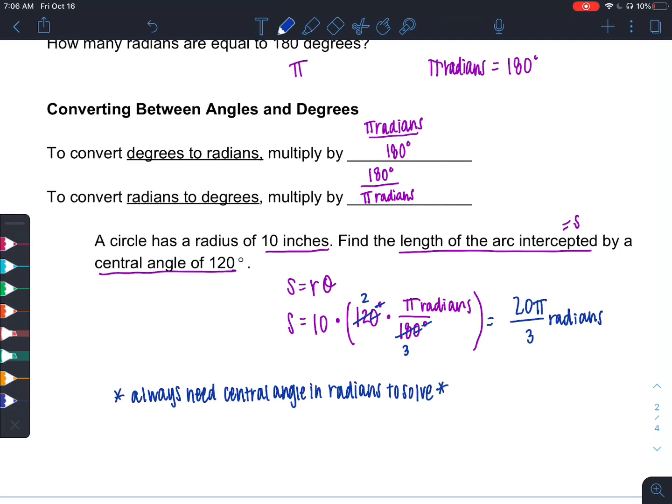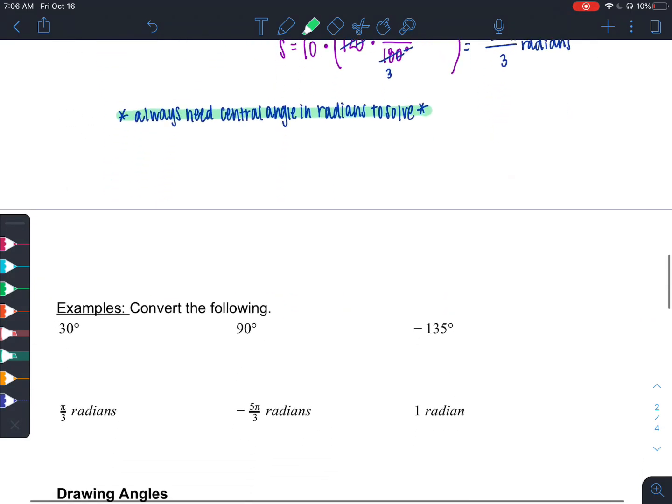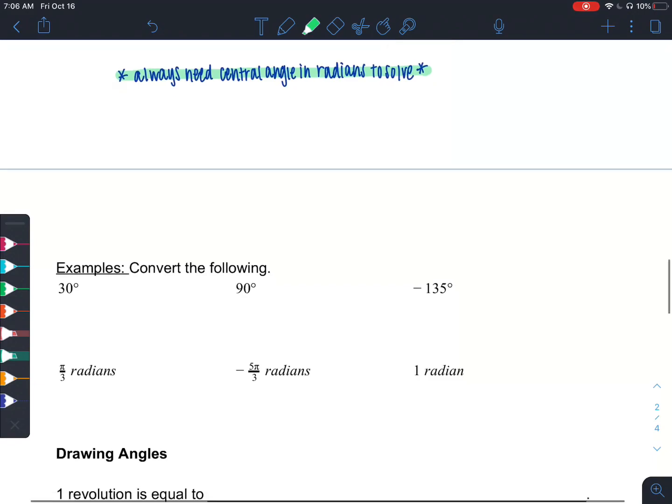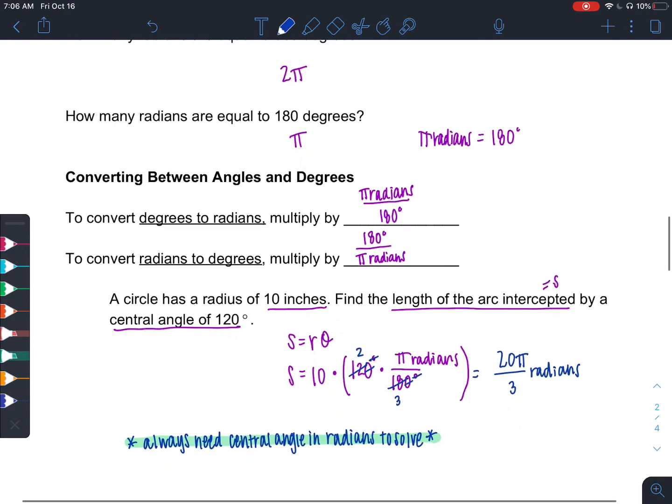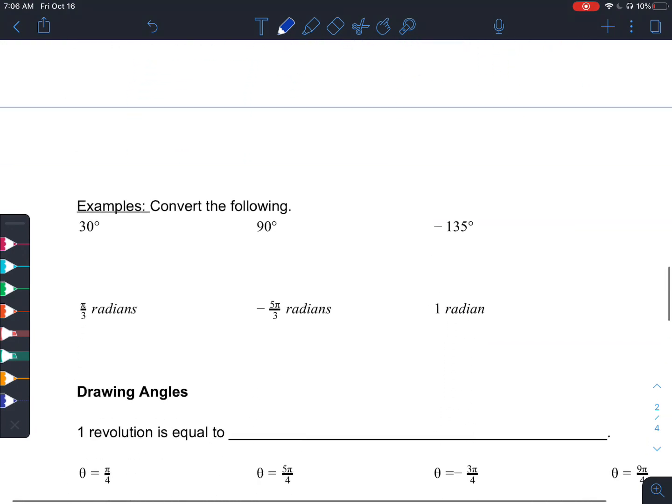That is why we needed that conversion rate, because we always need that central angle in radians to solve. Okay, so I want you to go ahead and convert the following using those conversion rates up above.